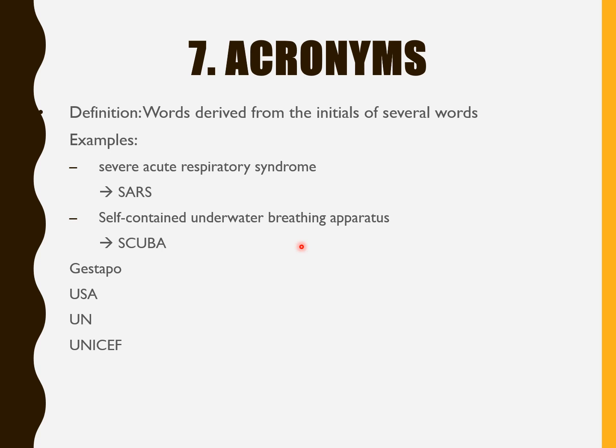For example, from the initial letters of some words in order to make a new notion. As an example here, SARS, which is a shortened form for severe acute respiratory syndrome. SCUBA, made from the self-contained underwater breathing apparatus.